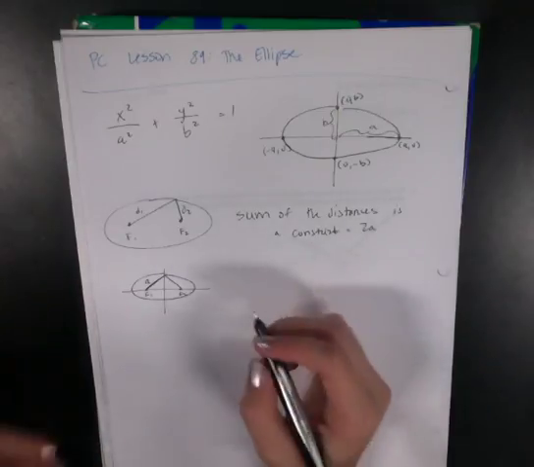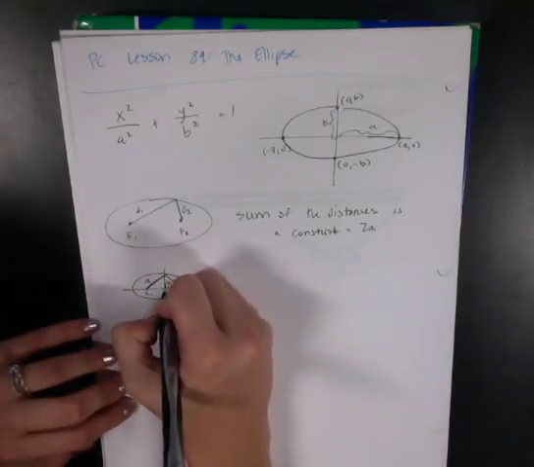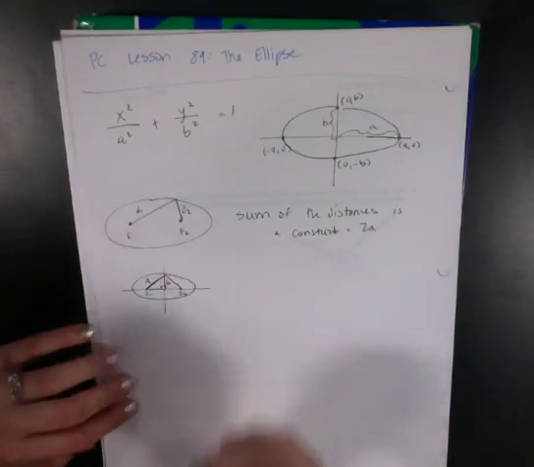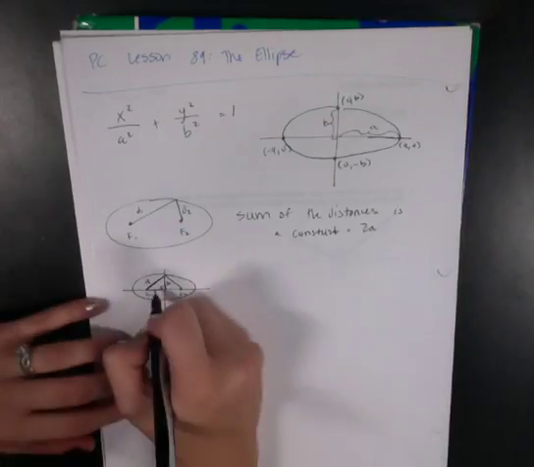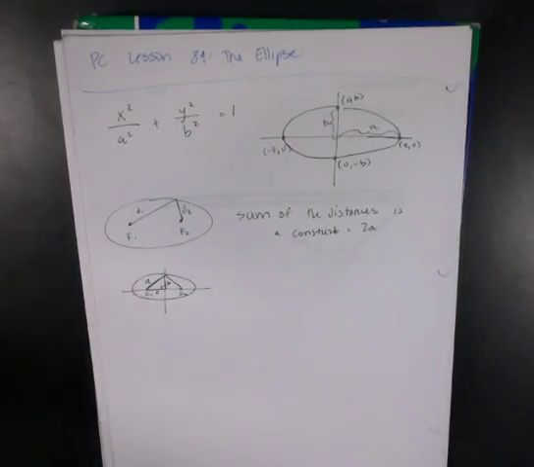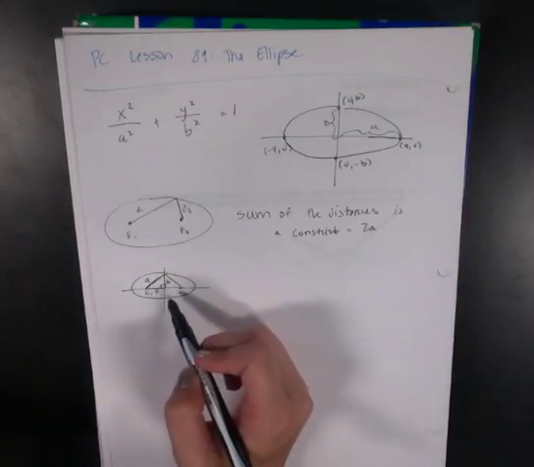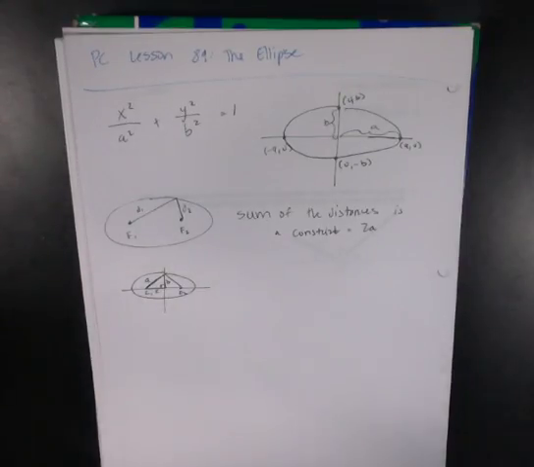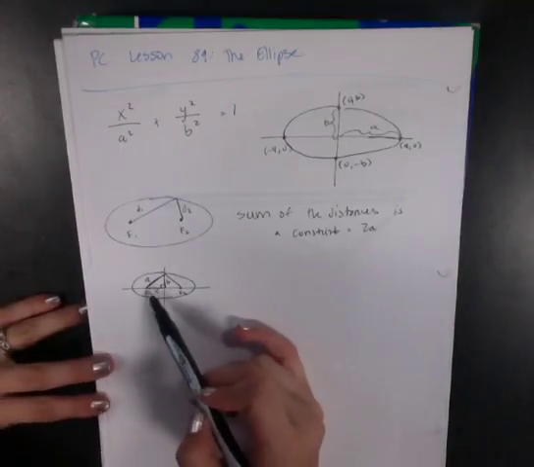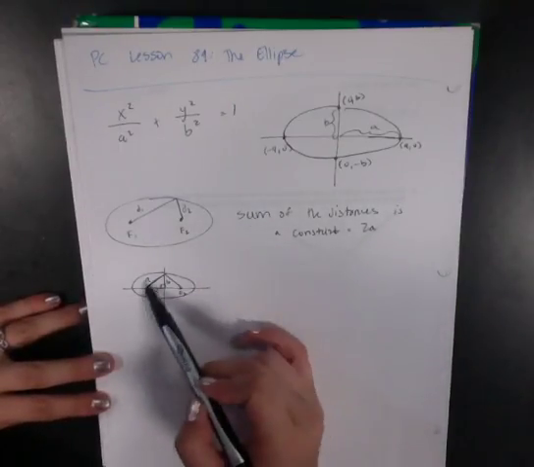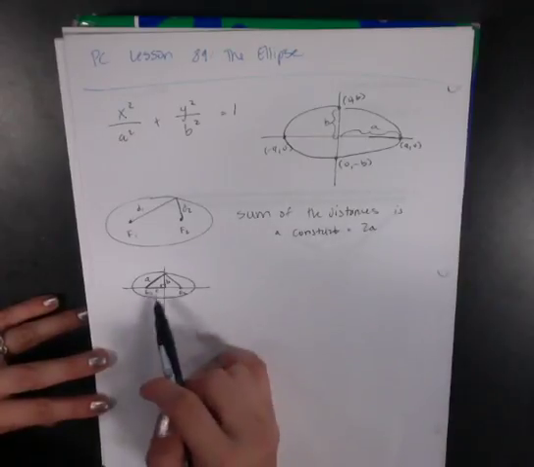This distance is a. This distance of this right triangle I have here is b. And look at us, we have c. I have a right triangle, which I can use the Pythagorean theorem, c squared plus b squared is a squared, to solve right here, my foci.